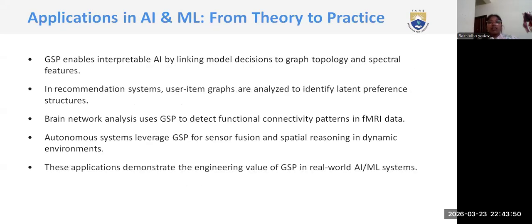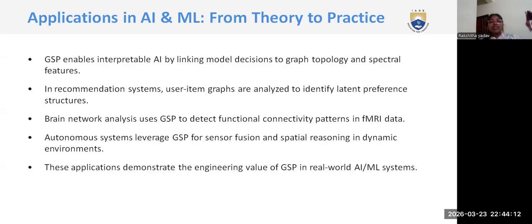Applications in AI/ML from theory to practice. GSP enables interpretable AI by linking model decisions to graph topology and spectral features. In recommendation systems, user-item graphs are analyzed to identify latent preference structures.